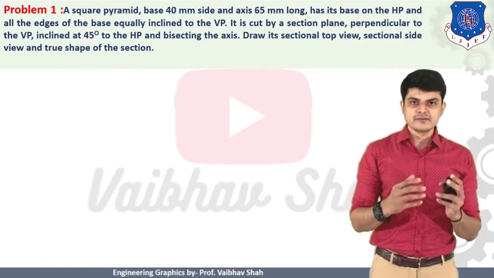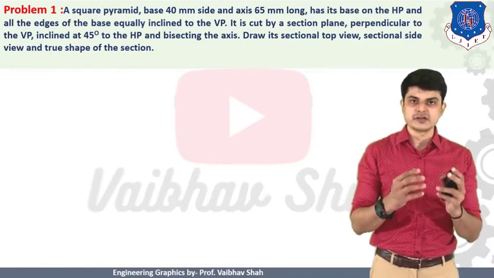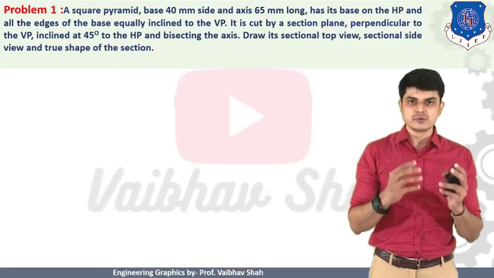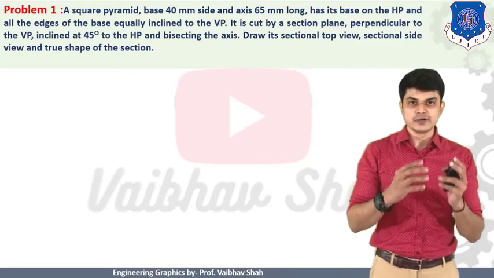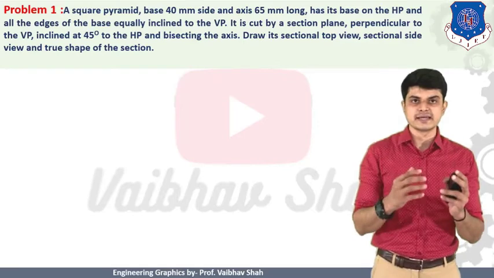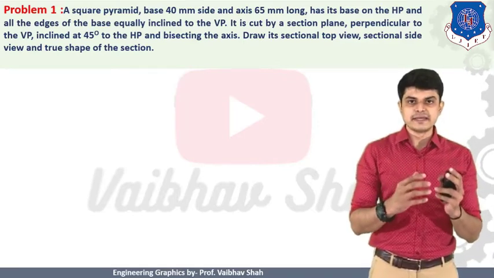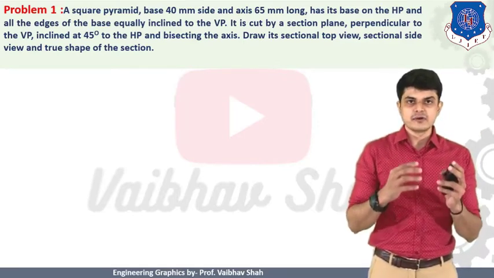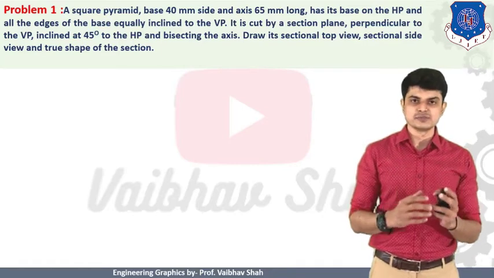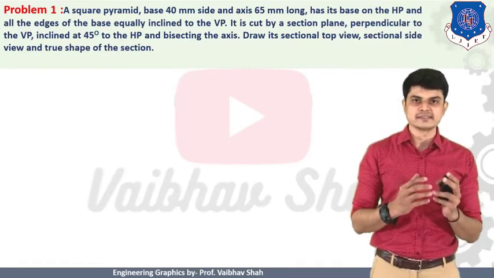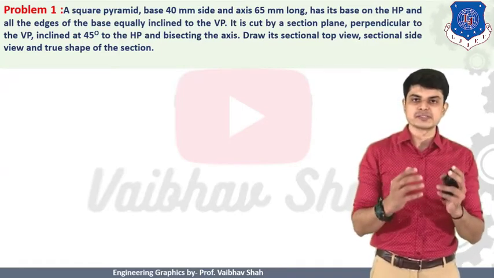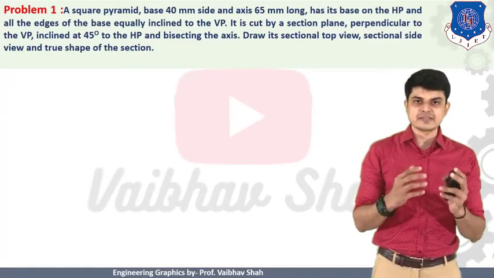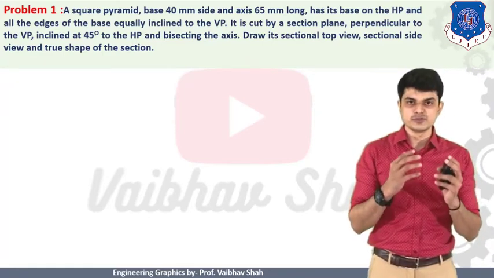Now, then after, whenever the plane is given, the position of cutting plane must be given. So, where to put that cutting plane in order to cut the object? So, here it is said that your cutting plane is passing or it is bisecting the axis. So, you should find out the midpoint of the axis, and at that point, you should construct this cutting plane. And after that, it is said that few of the views you should draw.